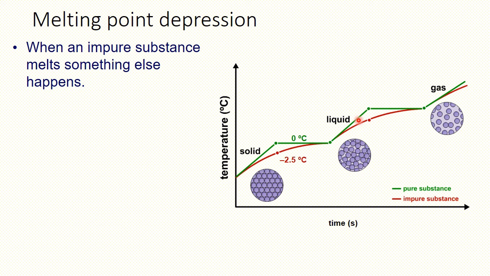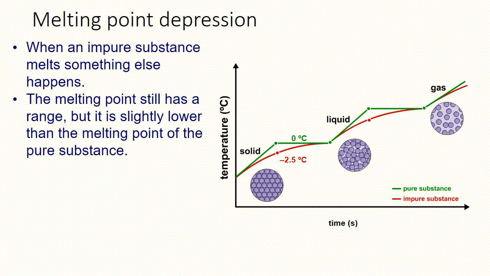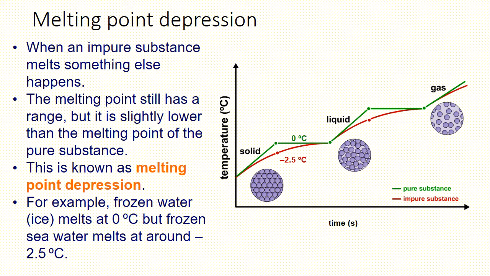We don't have those areas of 0 gradient that we had before. In actual fact, what happens for that water is that the change of state occurs over a range, but the melting point is lower. For seawater, we would talk about this being minus 2.5 degrees C.